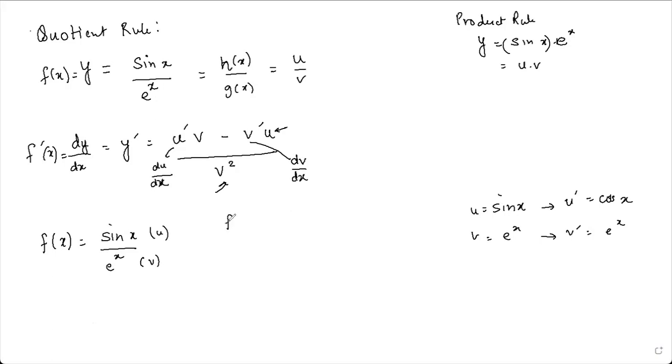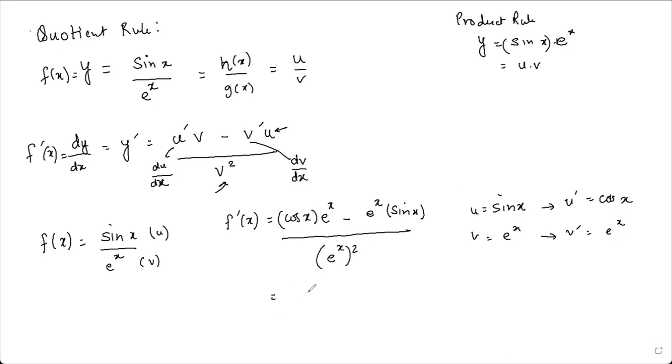So f prime x will be u prime v, which is cos x times e to the power x, minus v prime u, v prime is also e to the power x, times sine x, divided by v squared. So e to the power x squared, which is basically e power 2x.